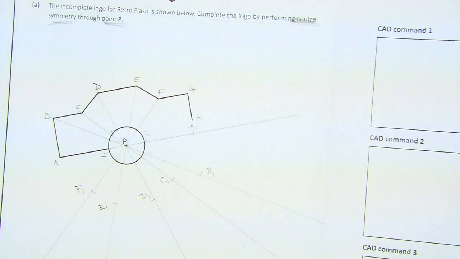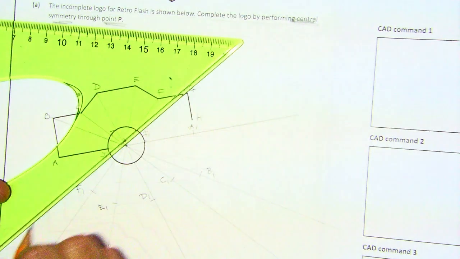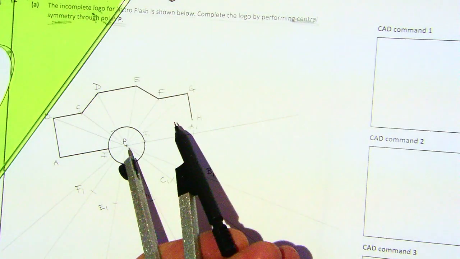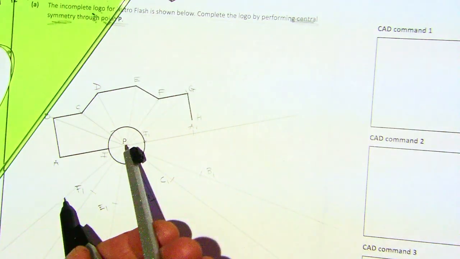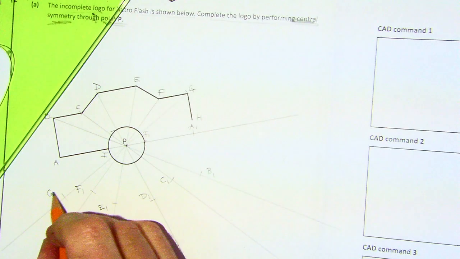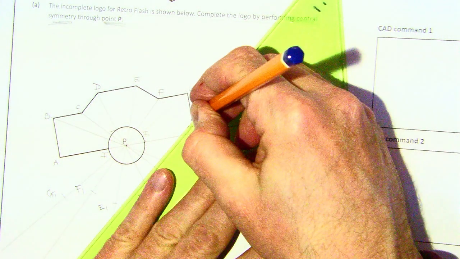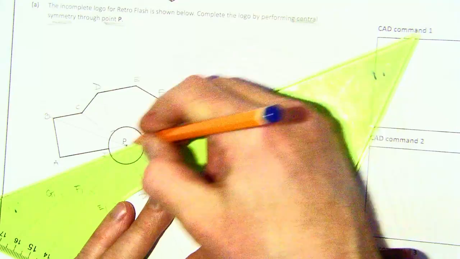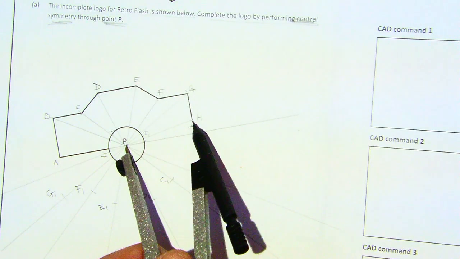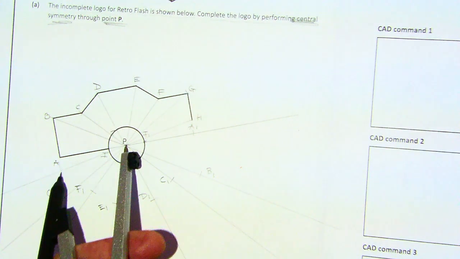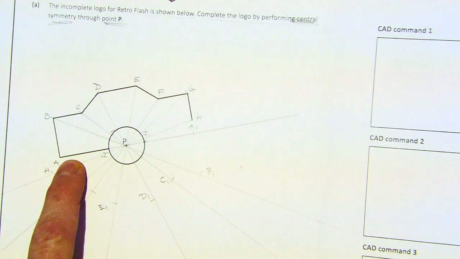F1. And finally H. Okay, we can see here, look at I joins to A.